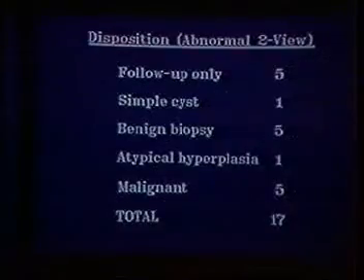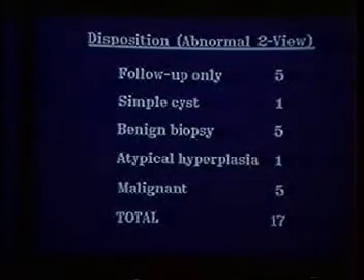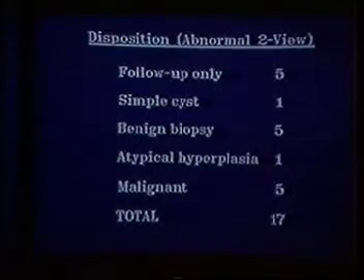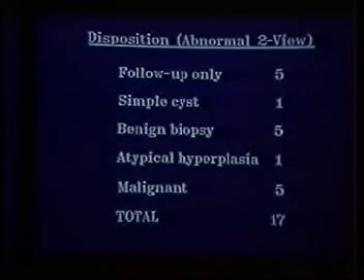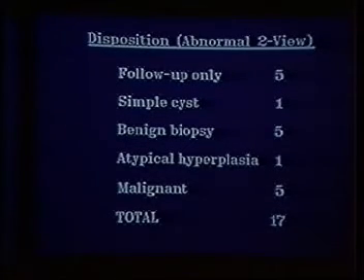Five of them had outright benign biopsies, one more with atypical duct hyperplasia, and five breast cancers were found. The same five breast cancers detected on two-view screening were also detected on single-view screening. And we'll get back to that point because it's an important one when we get to our conclusive analysis.